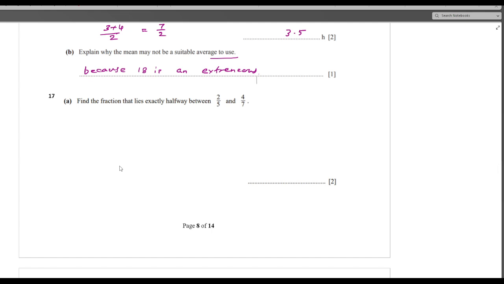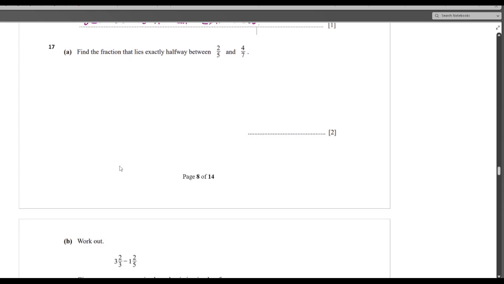Find the fraction that lies exactly halfway between 2 by 5 and 4 by 7. So the fraction which lies halfway is half of the sum of these two, that is 2 divided by 5 and 4 divided by 7. So 2 divided by 5 plus 4 divided by 7, you will get 1 by 2 times, now 7 times 2 is 14 and 4 times 5 is 20.